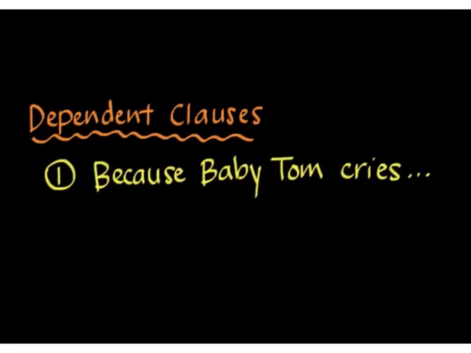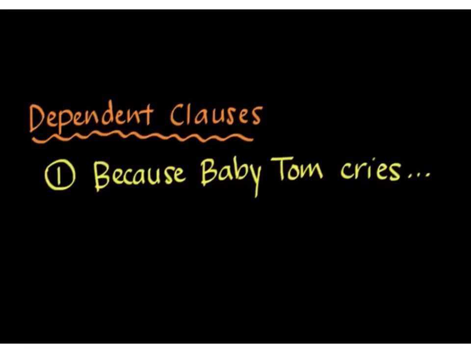Okay, now I'm going to give you some examples of dependent clauses. I've got a dependent clause here, because baby Tom cries. When you read that to yourself, you know it does not make sense by itself. It needs something else to add to it. Another way that we can tell that it's a dependent clause is because it starts with a subordinating conjunction.